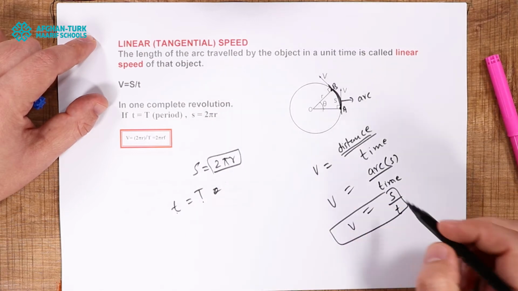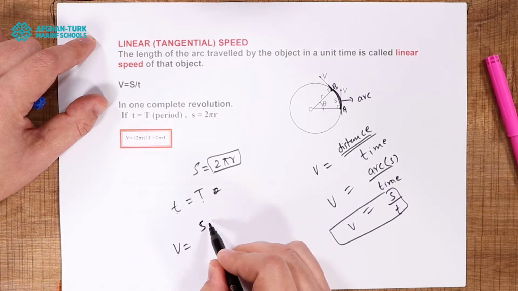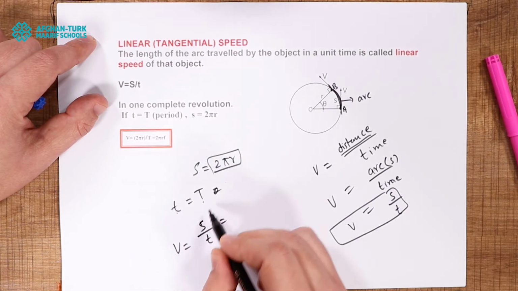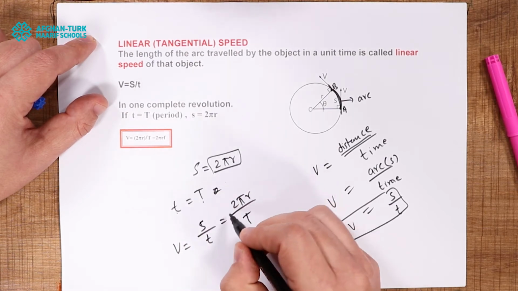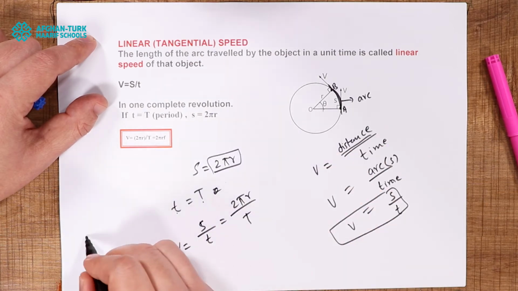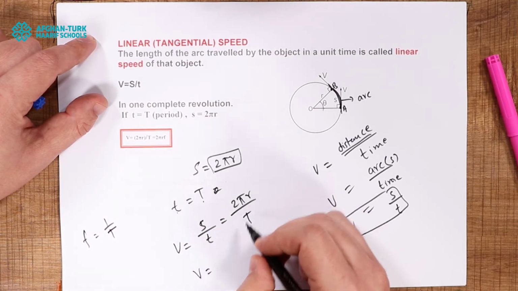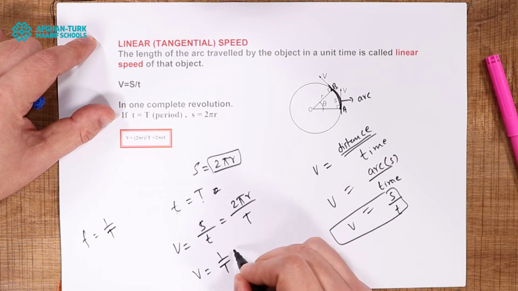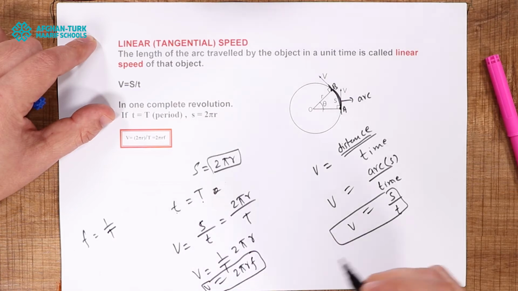We know that f is equal to 1 over time period, so we can write this as 1 over T into 2 pi r. Since 1 over T is equal to frequency, we can write 2 pi r into f. So this is also the formula used for the tangential speed.